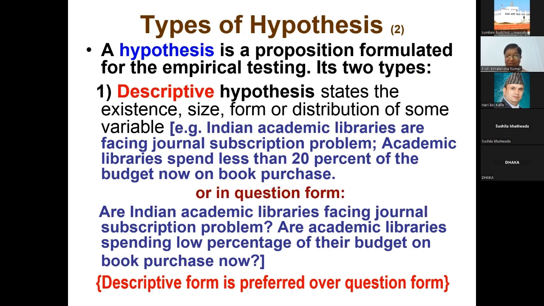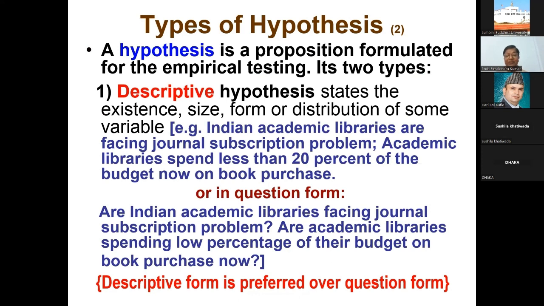Again, types of hypothesis: a hypothesis is a proposition formulated for empirical testing. It is of 2 types. The descriptive type states the existence, size, form, or distribution of some variable. For example, Indian academic libraries are facing journal subscription problems.